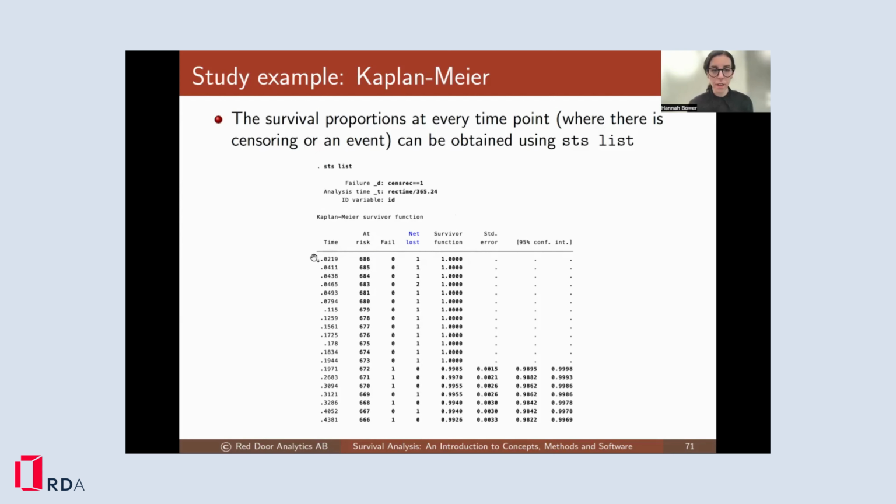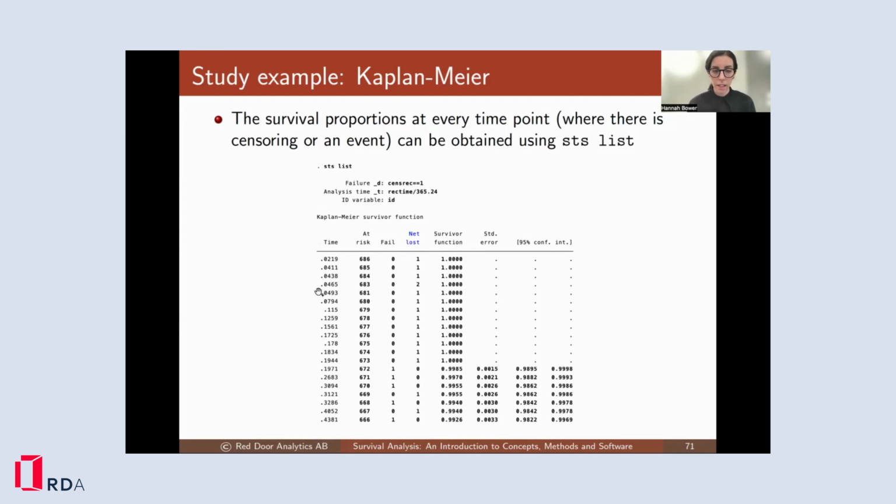which is the probability of surviving up until that time point. So we can see that the first individual that is censored, so we have failure equal to 0 here, is at time 0.02, and remember that we have stset in Stata to say that our survival time is in years, so this is 0.02 years. We can see that the survival function is still 1 because no one has yet had an event of interest.